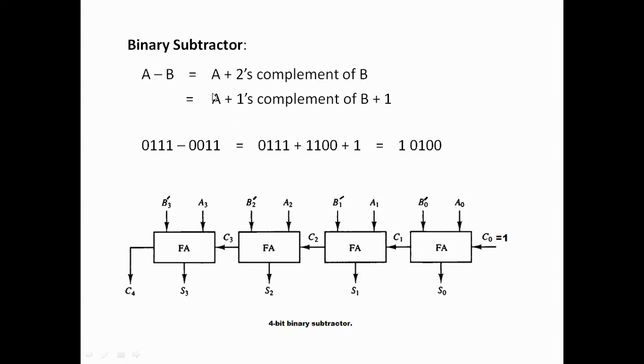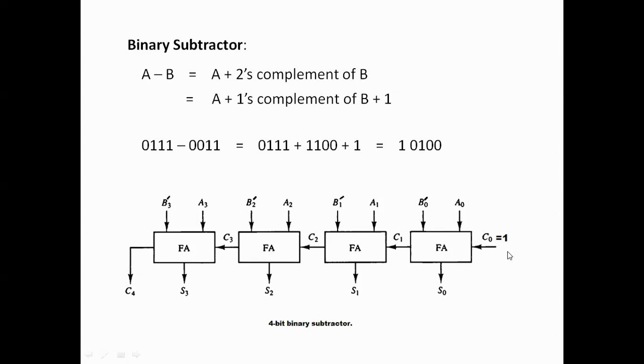Now what should be the input of these adders? It should be A. So here it is A0, A1, A2, A3. Fine. Plus 1's complement of B. B should be there, but with a 1's complement, that is inverted. So it will be B0', B1', B2', and B3'. Good. And plus there should be a 1 also.